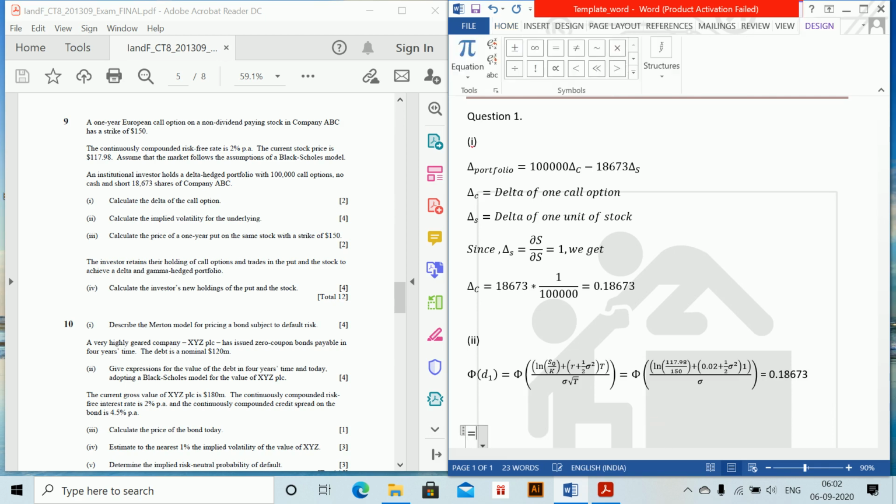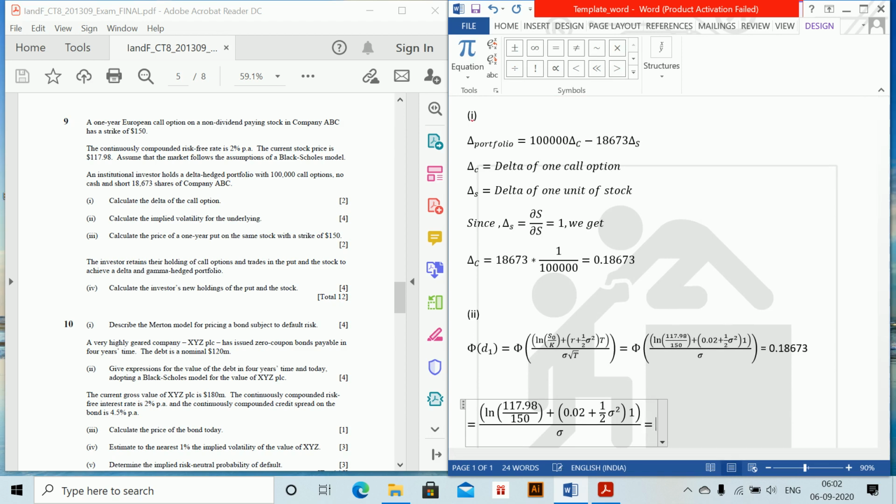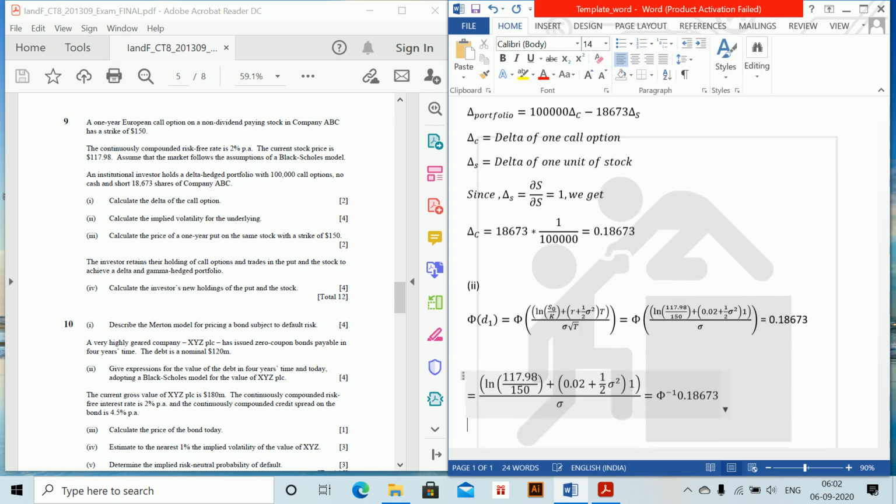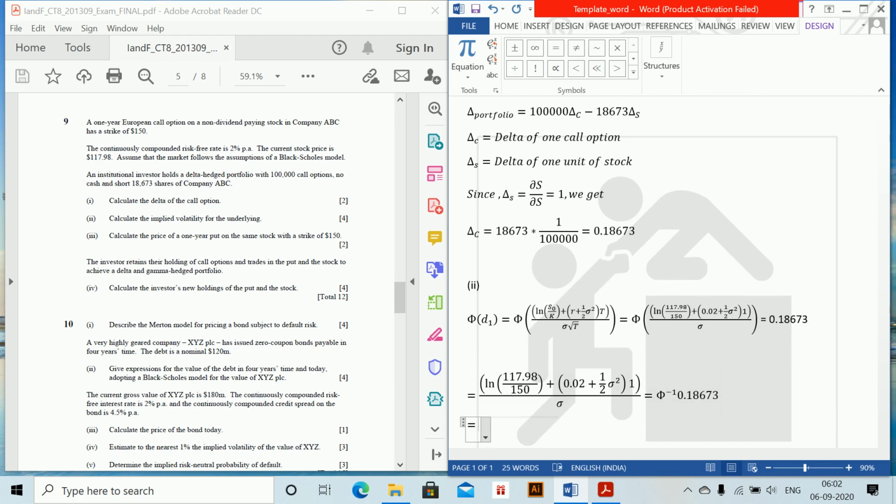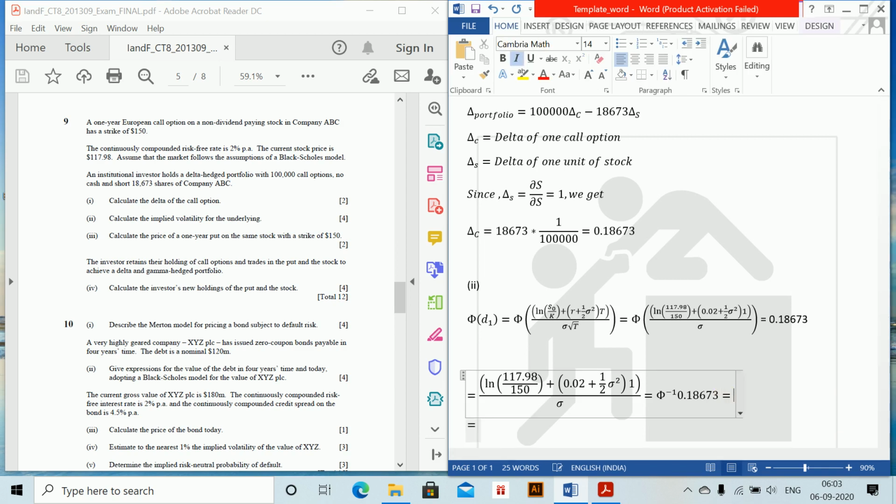Now therefore the ln portion is equal to phi inverse of 0.18673, which is equal to minus 0.89.